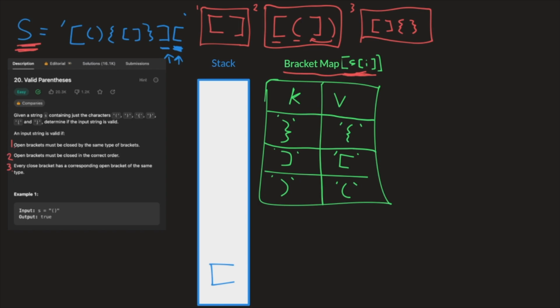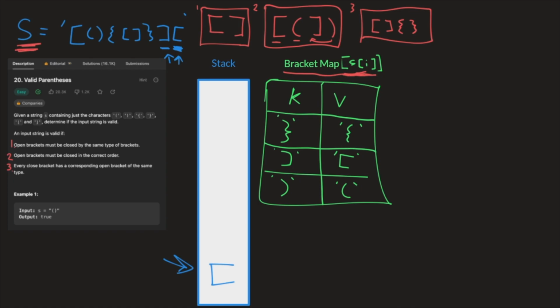In this case, we have this bracket here that has not been closed. We're at the end of the for loop, at the end of iterating through S. So we pop out of our for loop and check to see if there's anything in our stack. Basically, if our stack is empty, return true. If our stack is not empty, return false. So that's how we solve this conceptually.